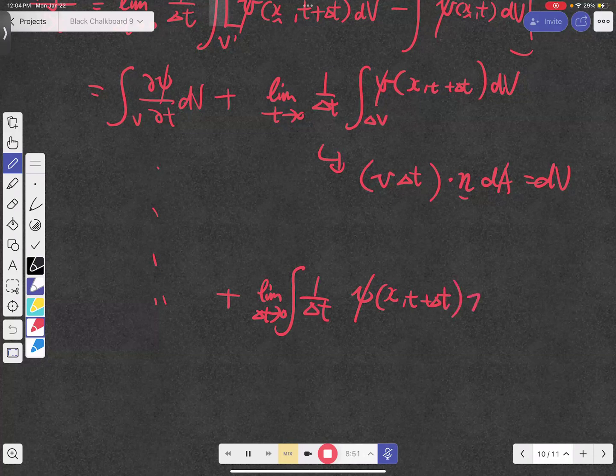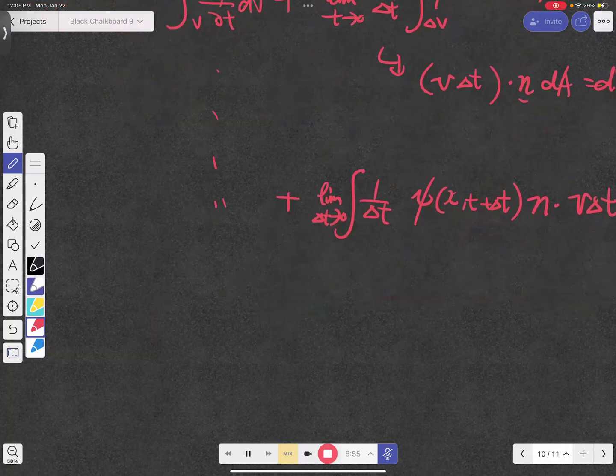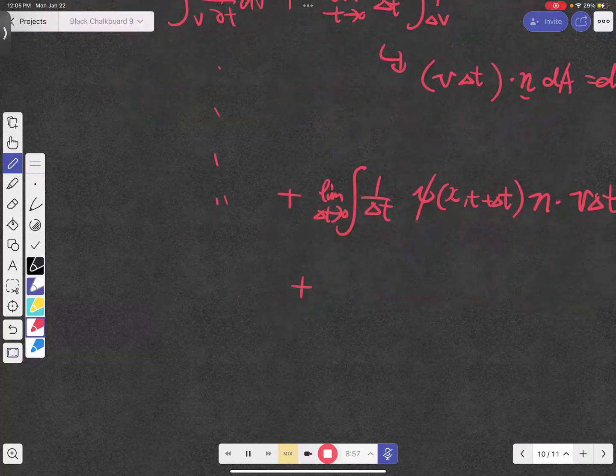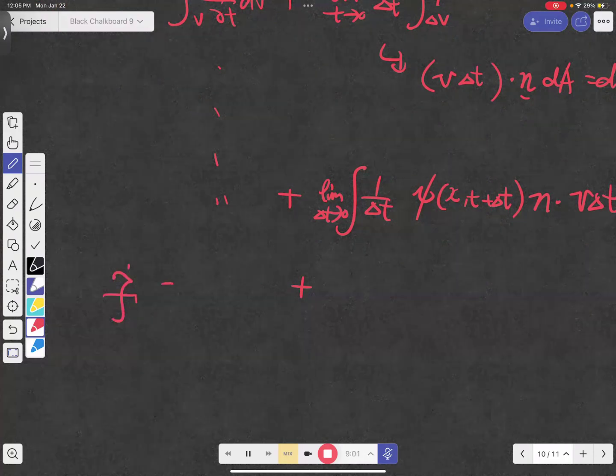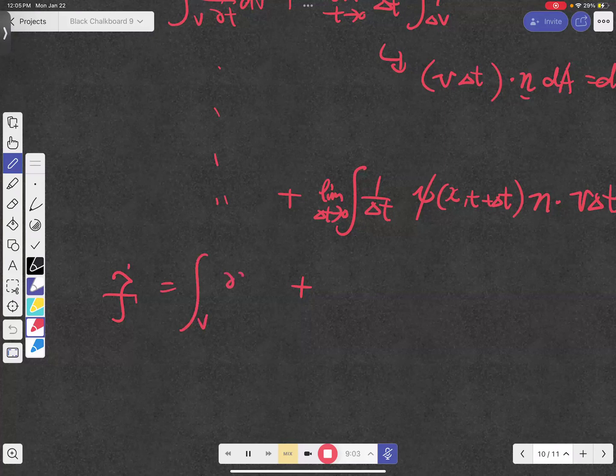Eventually the total derivative would equal the local term plus the divergence of this density function times the velocity.